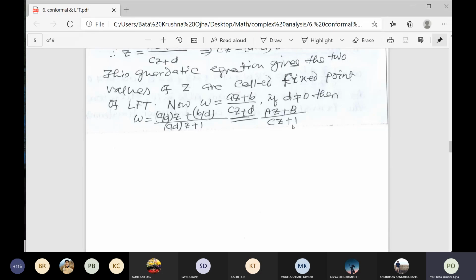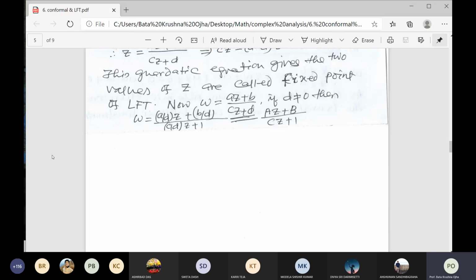If you replace Z by Z1, then AZ1 plus B by CZ1 plus 1 is equal to W1, where Z1, Z2, Z3, W1, W2, W3 are known constants, real or complex. So if you put Z1 here and W1 here, W1 is equal to AZ1 plus B by CZ1 plus 1. First equation.